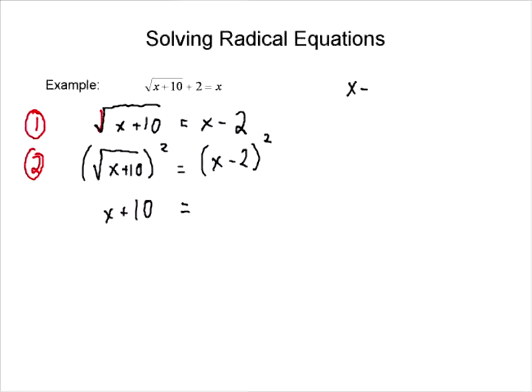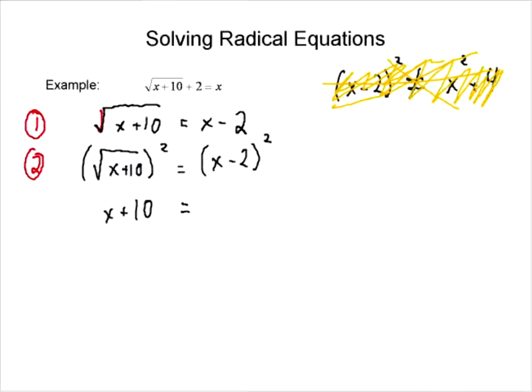But if we square x minus 2, and this is where teachers get very upset, that is not x squared plus 4. So we don't want to make that mistake, because this is completely wrong.